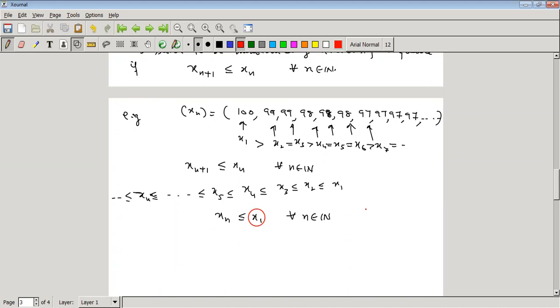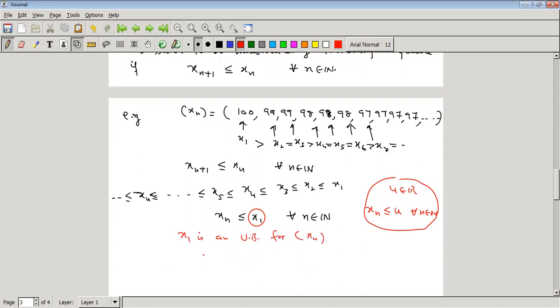हमने अपर बाउंड में क्या पढ़ा था कि सारी की सारी टर्म अगर किसी u is any real number for all n in N, then u is the upper bound of the sequence. Now here the upper bound is x1. All the terms of the sequence are less than or equal to x1, so x1 is an upper bound for xn.